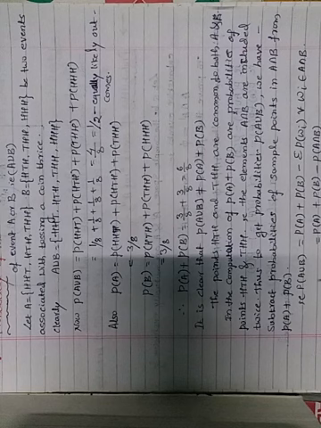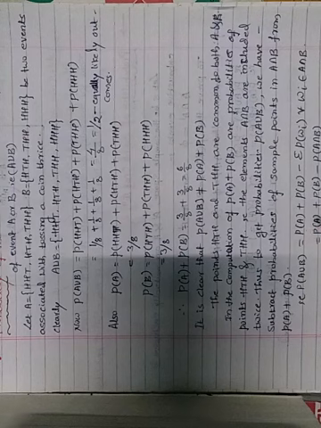Hence, the probability of A union B equals probability of A plus probability of B minus the summation of probability of omega I, where omega I means A intersection B.